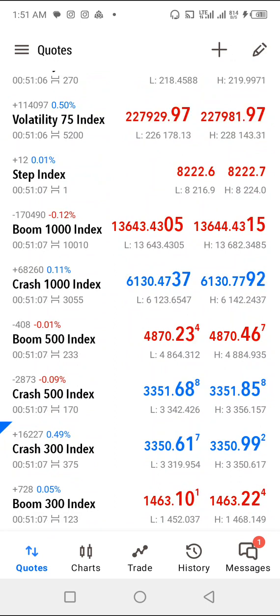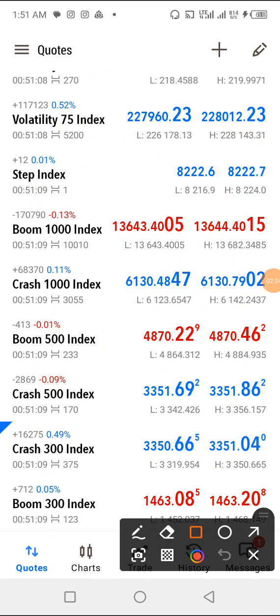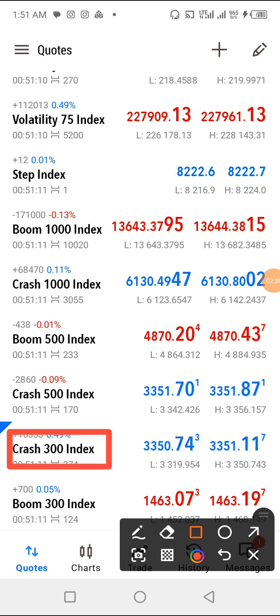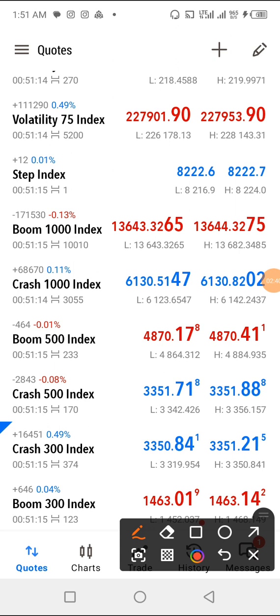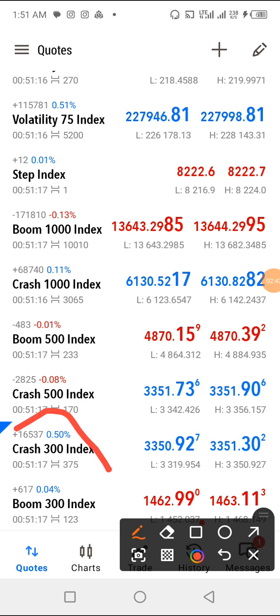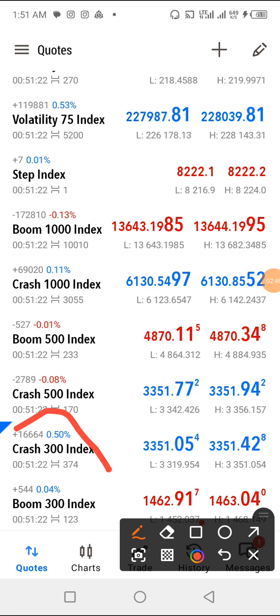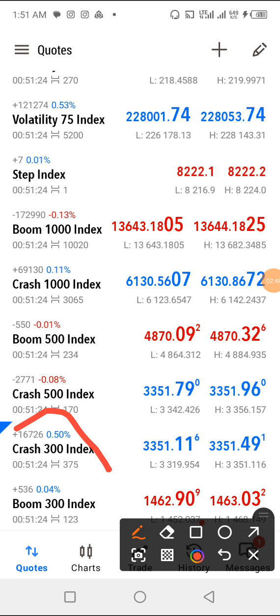You will notice that Crash 300 is on buy. Sorry. You notice Crash 300 is what? Blue. That means there is pressure for uptrend. There is pressure for uptrend. This is the first thing you need to consider.